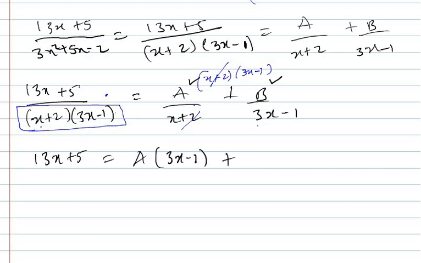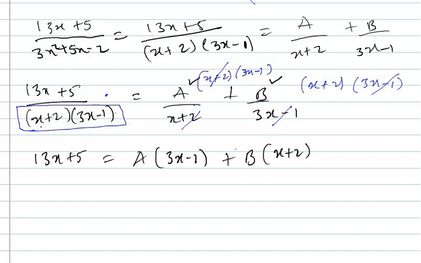And then for the other one, if I multiply by all this, that's (x + 2)(3x - 1), this one goes with this one, then I will be left with B into (x + 2). Then it's good to go.